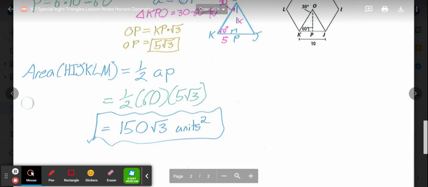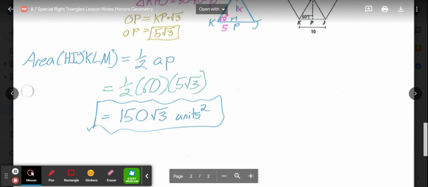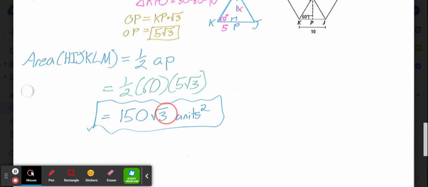And again, if they wanted a decimal answer, we could take 150 multiplied by the square root of 3, and then round that to however many decimal places they need. The 150 square root of 3 here is left in its radical form, but it is the most accurate because we didn't do any rounding with decimals.